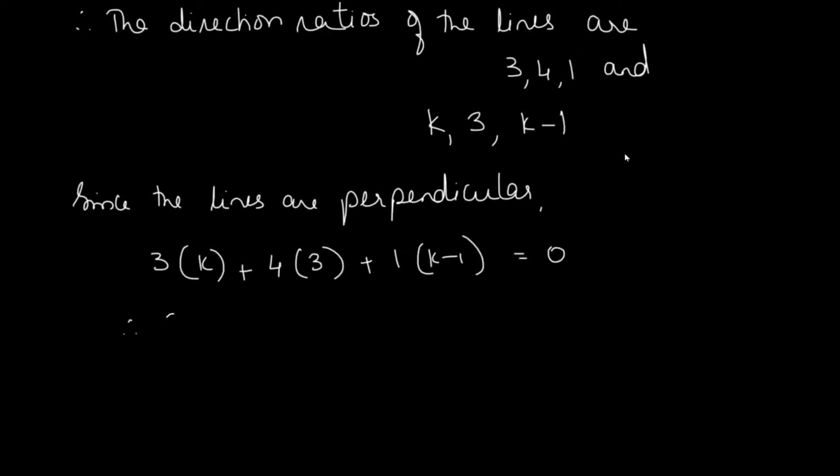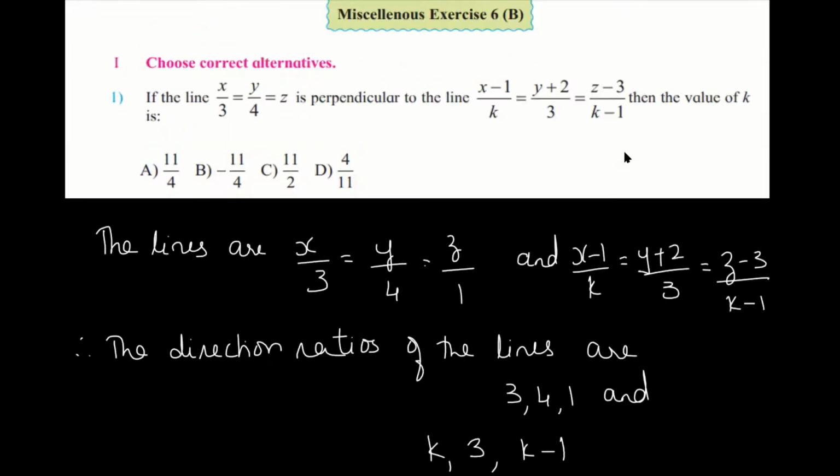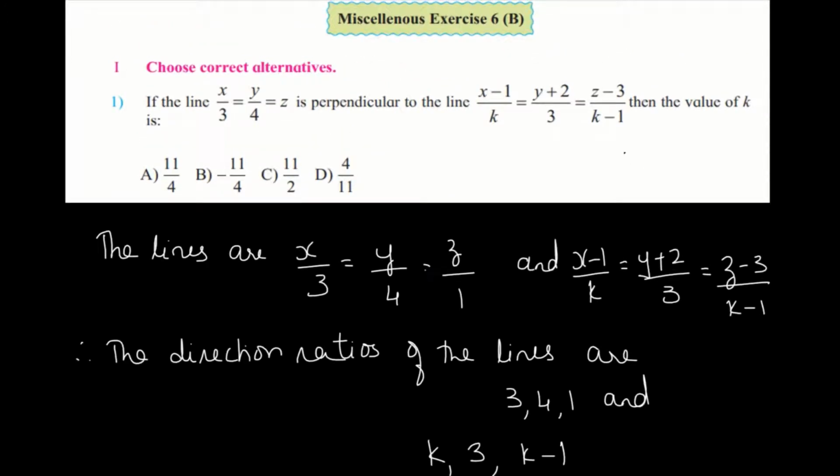So therefore we have 3k plus 12 plus k minus 1 is equal to 0. Solving it further, we have 4k plus 11 is equal to 0, and therefore k becomes minus 11 upon 4. So that becomes the correct option over here. If you see the options, B becomes the correct option for the MCQ. So this is our correct answer.